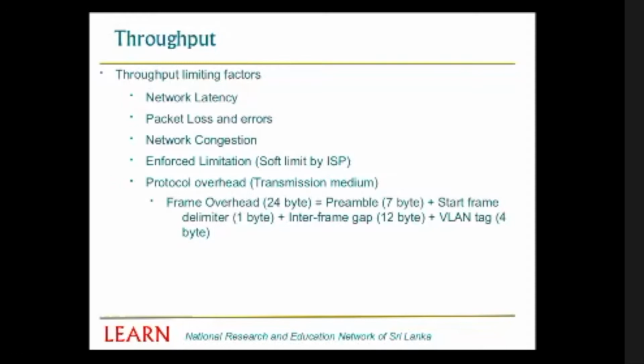Likewise, frames also need some gap, so we call it the interframe gap. It has 12 bytes. If you use VLANs in our networks, there will be another 4 bytes added. So altogether, the maximum frame overhead will be 24 bytes in layer 2.